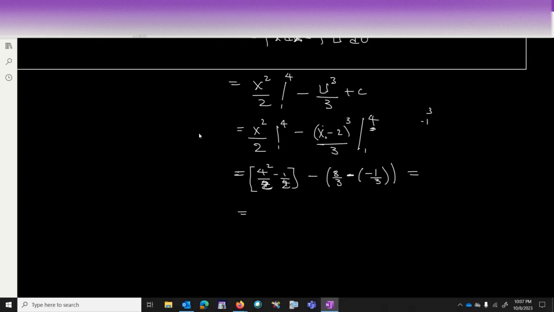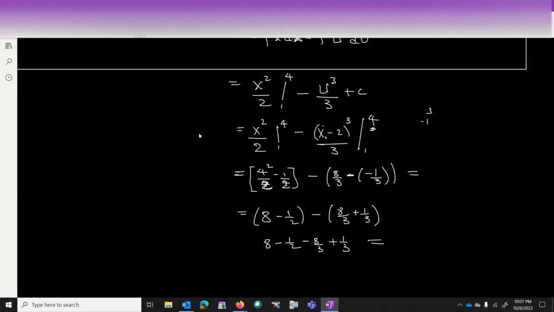So 16 over 2 is 8, minus 1 over 2, minus 8 over 3 plus 1 over 3.